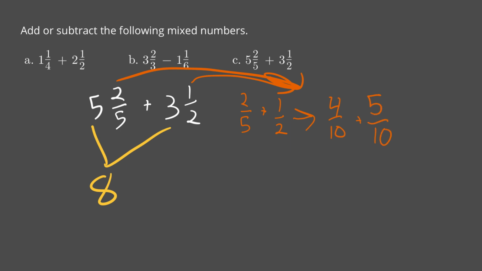And we simplify, getting 9 over 10. So we have 8 and 9/10. Let's double check and make sure this cannot be simplified, and it cannot. So our final answer is 8 and 9/10.